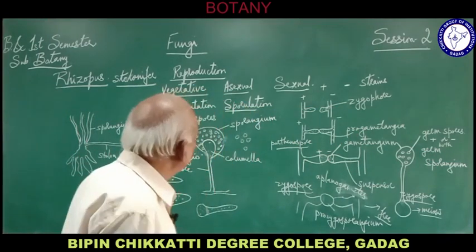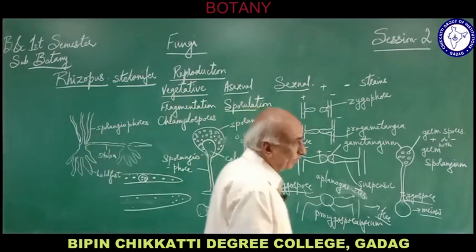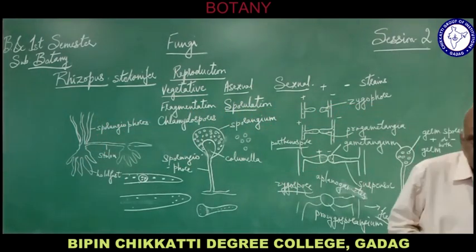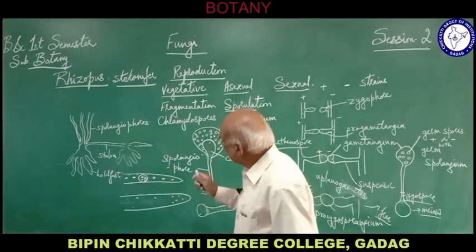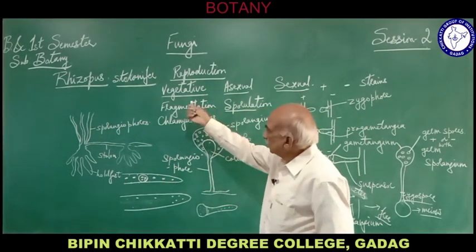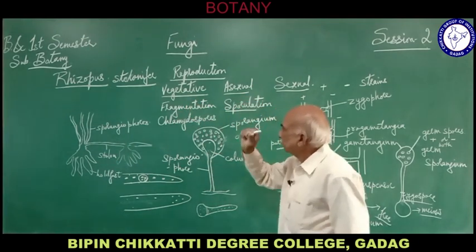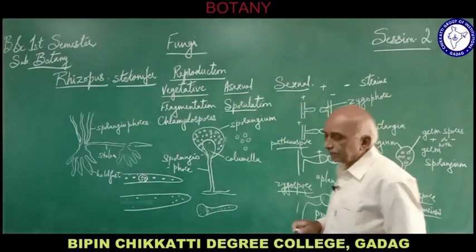So that is about the life history of Rhizopus stolonifer. So in this, the structure of the thallus and the reproduction: vegetative reproduction, asexual reproduction, and sexual reproduction.